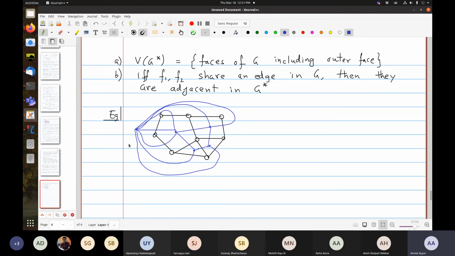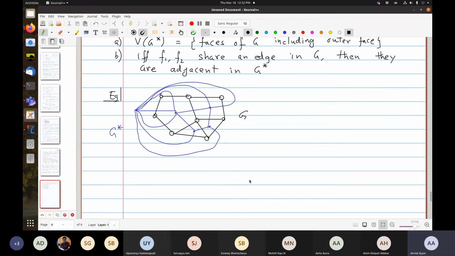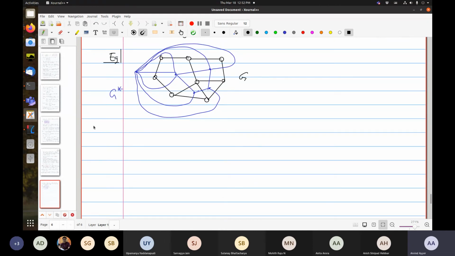So there are three edges in G star. So this is G star. Usually the planar dual is not a nice graph, not a simple graph. One can of course construct graphs which have simple duals, but that class is extremely small, so it's not much use.